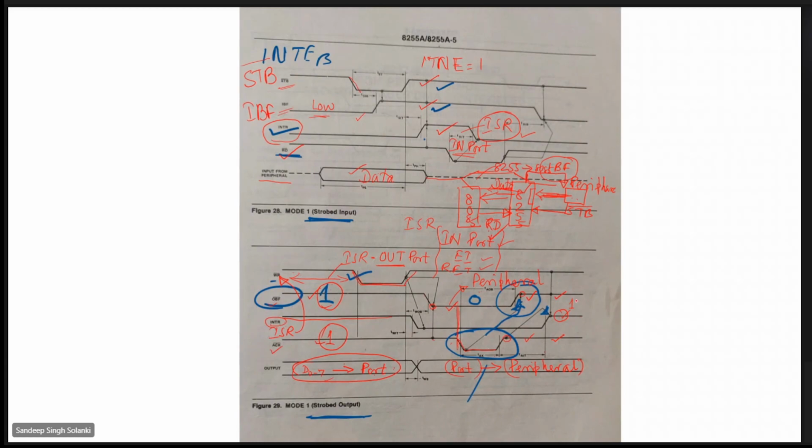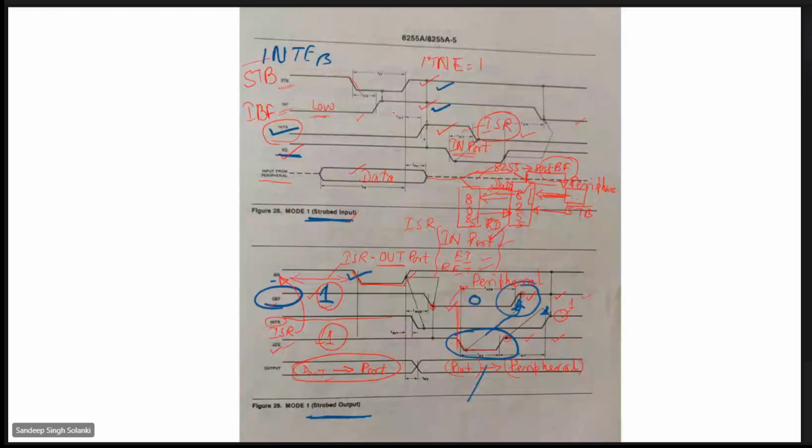That is the reason why I'm saying that you have to check the OBF and the IBF. For your information, you need not check the acknowledge or the strobe. Only you need to check IBF and OBF. IBF in case of inputting, OBF in case of outputting. So outputting you will do only when OBF is high; when OBF is high, then only you will write the data on the port. You will read the data only when IBF is high.